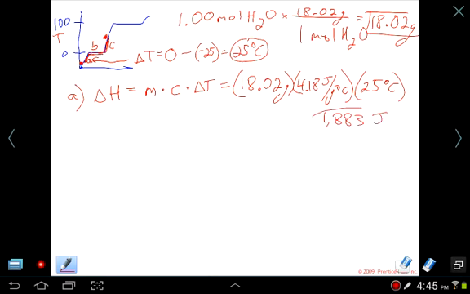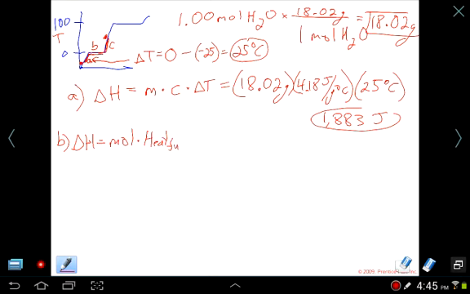So we'll keep this for now. Let's go on to part B. Now in part B, we're melting the ice, so we'll use the equation that says delta H is moles times heat of fusion. Heat of fusion is how much heat it takes to melt ice.